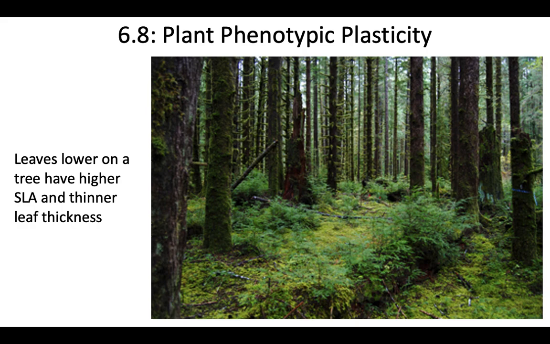So that's on an individual tree. Sometimes you can see differences in leaf shape to deal with light availability. And that's phenotypic plasticity. If it's an individual plant that's changing its individual leaves in response to light availability, that's plant phenotypic plasticity.